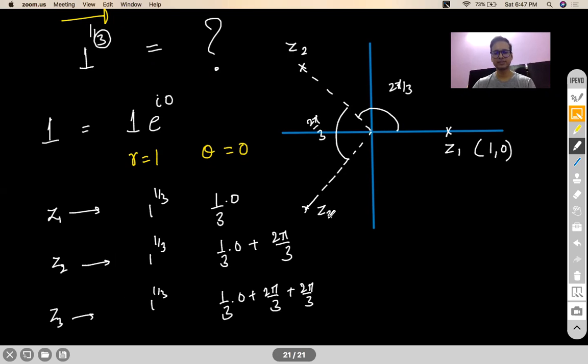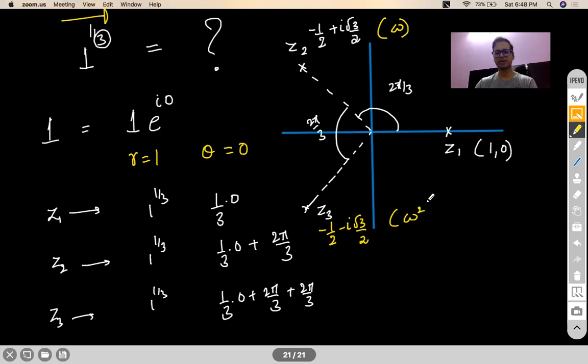This is your Z3. By the way, Z2 will be minus half plus i root 3 by 2, and Z3 will be minus half minus i root 3 by 2. Please make a note of this. This complex number is famously called omega, and this complex number is famously called omega square.